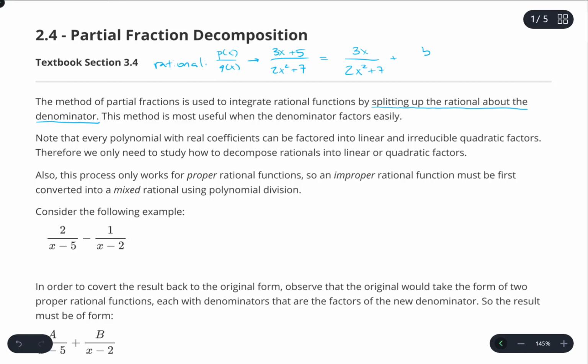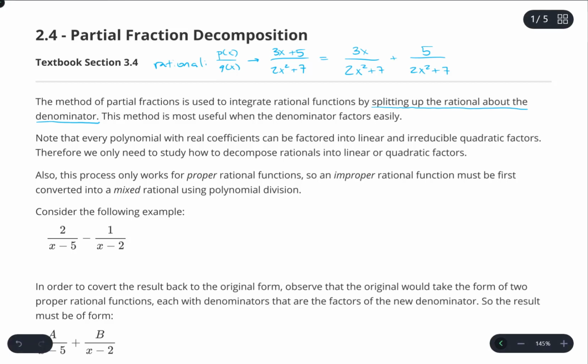So the reverse would be true. You could split a single rational function into the sum of two rational functions about the numerator simply by writing two fractions over the same denominator, and you just break up the numerator.